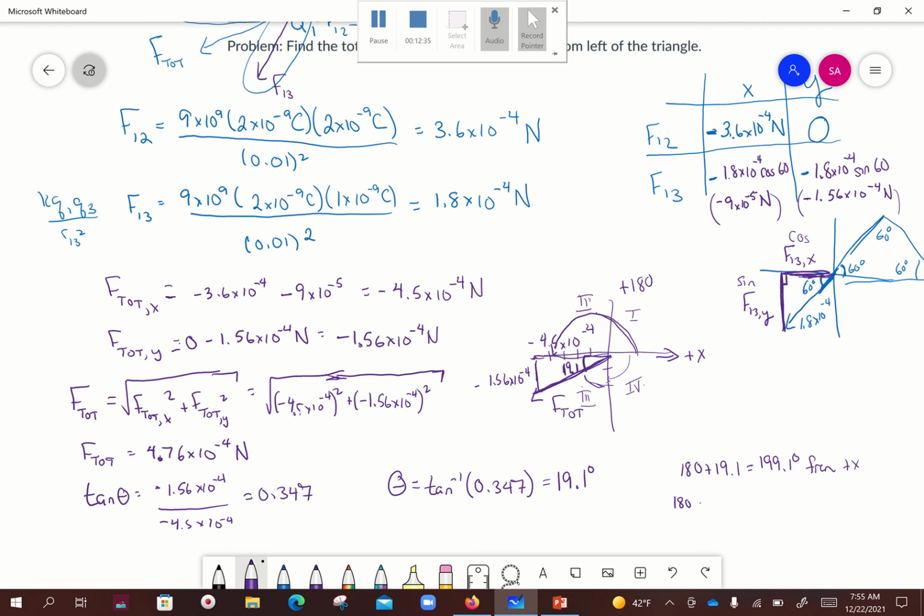If I do 180 minus 19.1, I get 160.9. So that tells me this angle here is 160.9 degrees. So on Pearson, you'd say the direction is minus 160.9 degrees from the plus x-axis.